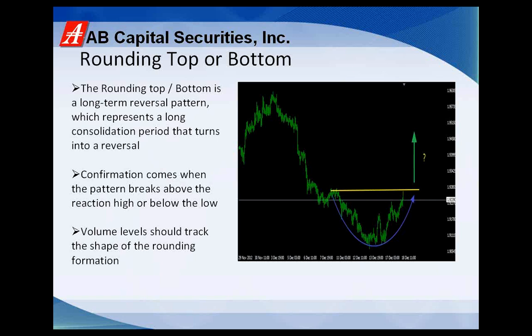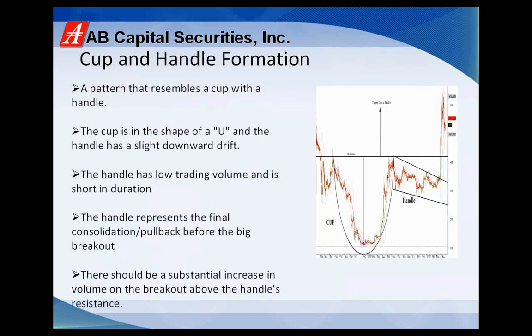A variation of the rounding bottom is a cup and handle formation, which is basically a pattern that resembles a cup and handle, wherein a rounding bottom would be followed by a period of consolidation or a slight pullback or correction. This one would normally be more bullish because it would be a pause from the recent rally, which would provide a support base when the chart would break out eventually from the cup and handle formation.